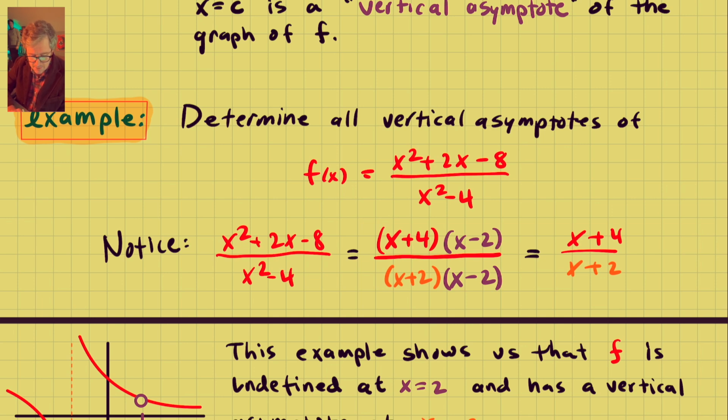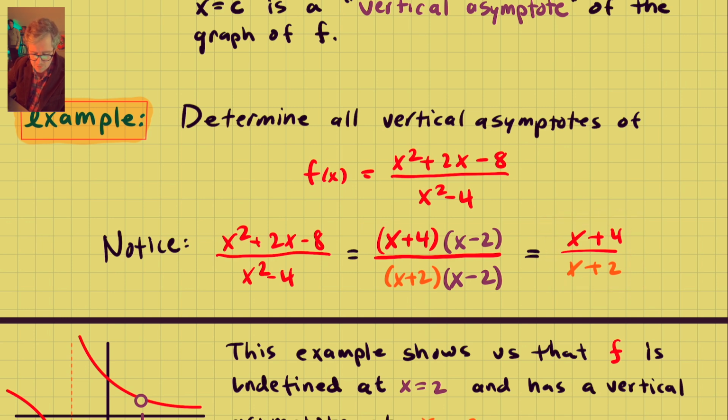So the top factors into x plus 4 times x minus 2. Right, so I've got these two factors. And the bottom, x squared minus 4, factors into x plus 2 and x minus 2. Right, and so I've color-coded these, and you can see that the x minus 2's cancel out. But we're still stuck with this x plus 2 in the denominator. Okay, and so ultimately this function looks an awful lot like x plus 4 over x plus 2.